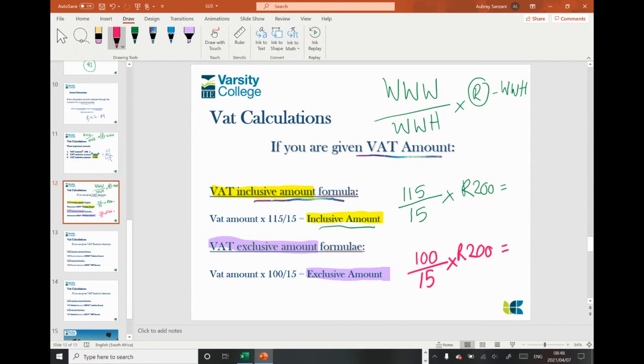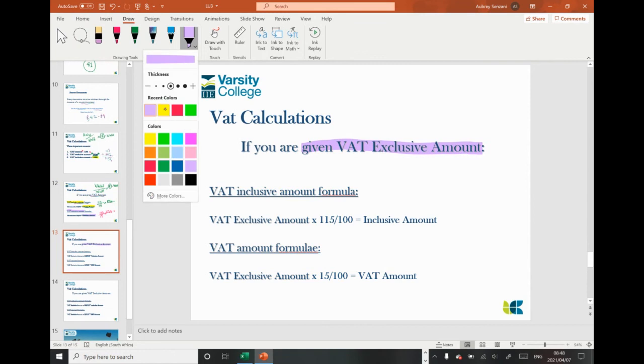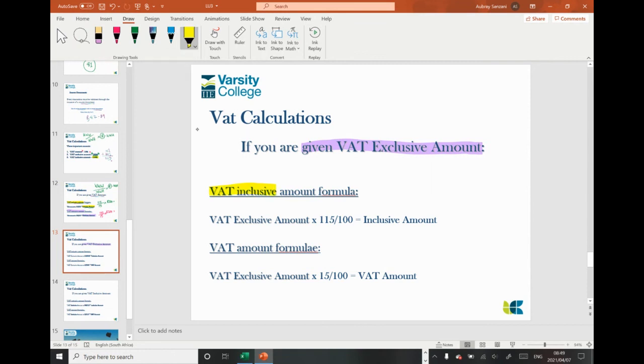Then here we're moving on. We're now changing the scenario to say, what if we're given the VAT exclusive amount, but what they want us to do is to calculate the VAT inclusive amount? Again, we just say, what do we want?